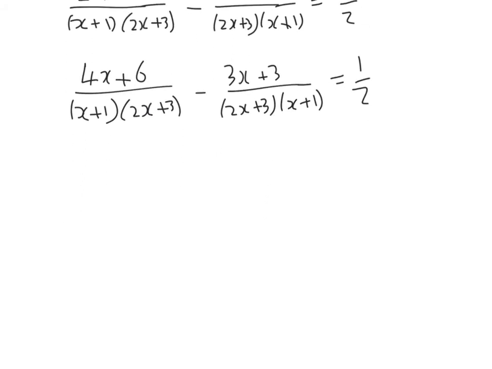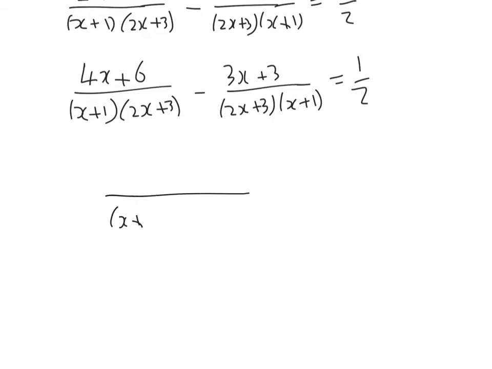Now that the denominators are common, we can add them together. So the denominator is x plus 1, 2x plus 3. The numerator, we've got 4x. We're taking away 3x. Remember, I always put the big bracket around that, because we're taking away all of that. So we're doing 4x take away 3x, which is 1x.